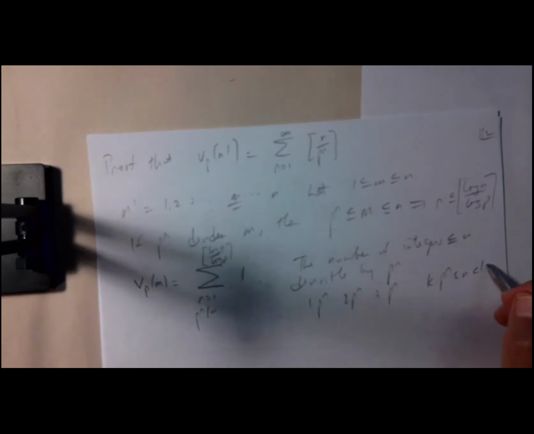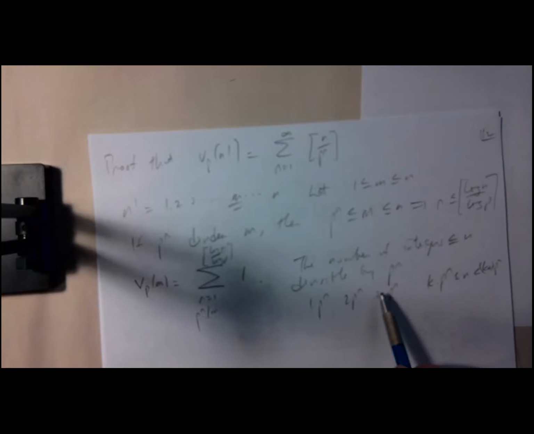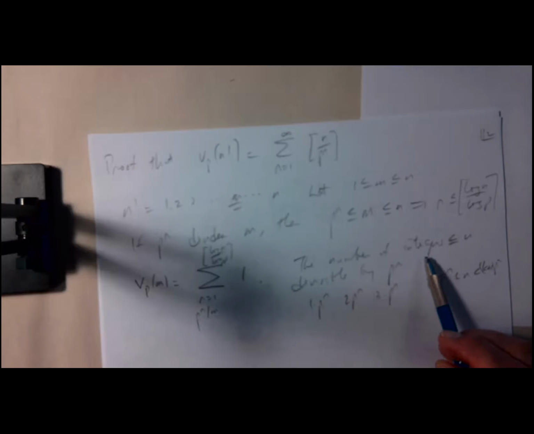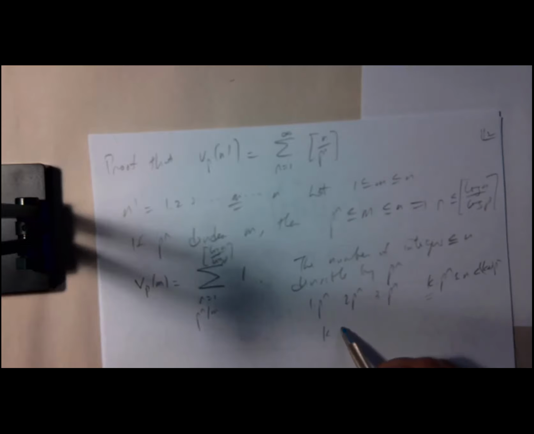But k plus 1 times p to the r would be too big. So the number of integers up to n divisible by p to the r is this number k. k is at most n over p to the r, which means the integer part of that.